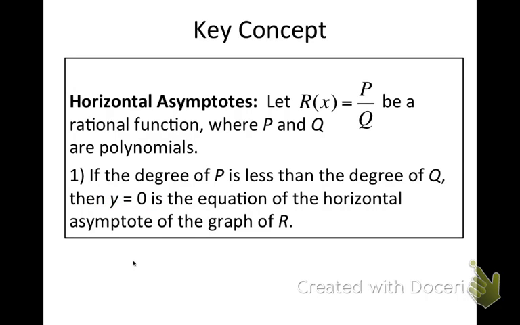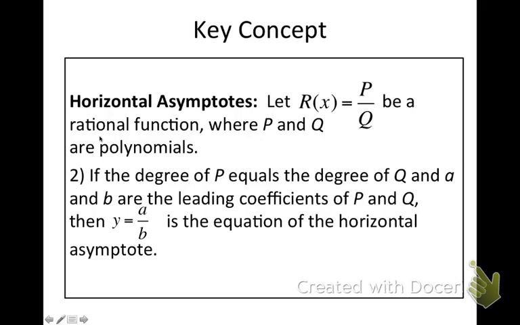Number 2 tells us when the degrees are the same. If the degree of P equals the degree of Q, and A and B are the leading coefficients of P and Q, then the equation y equals A over B is your horizontal asymptote.